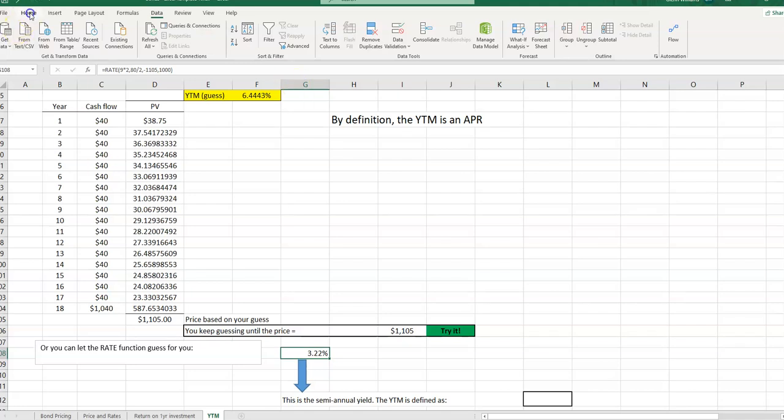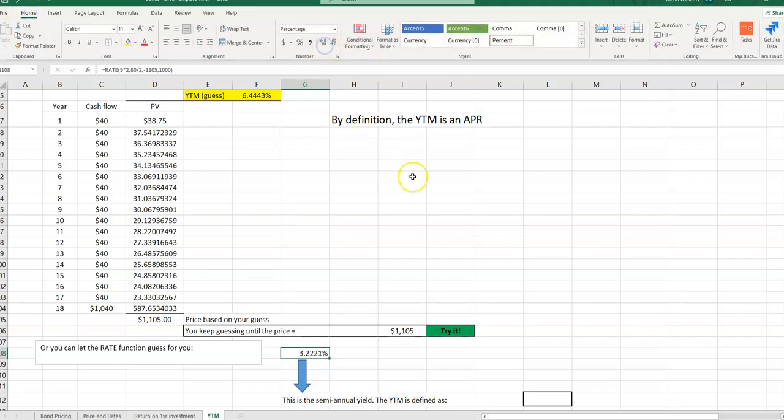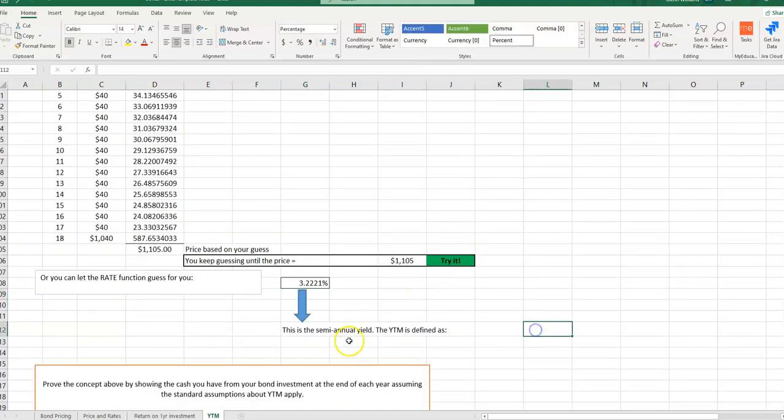Now, the RATE function can only find the rate per period. All it sees is there are 18 periods, and you get paid $40 per period. And so it figures out the rate you earn per period. Since this is semi-annual payments, it's going to give me the rate per semi-annual period. So the yield to maturity, since it's defined as an APR, we just take that number times 2, and that is the yield to maturity.